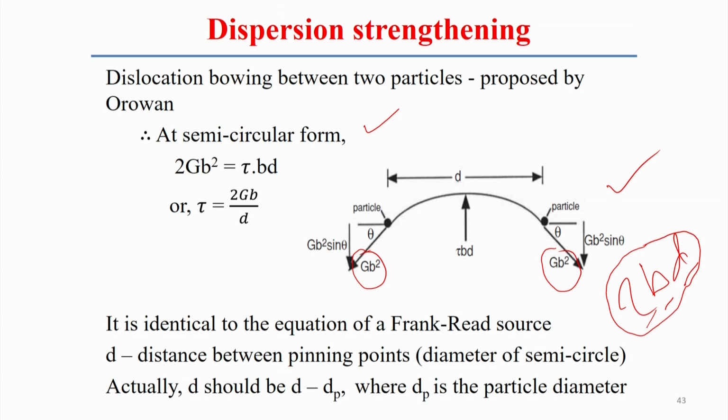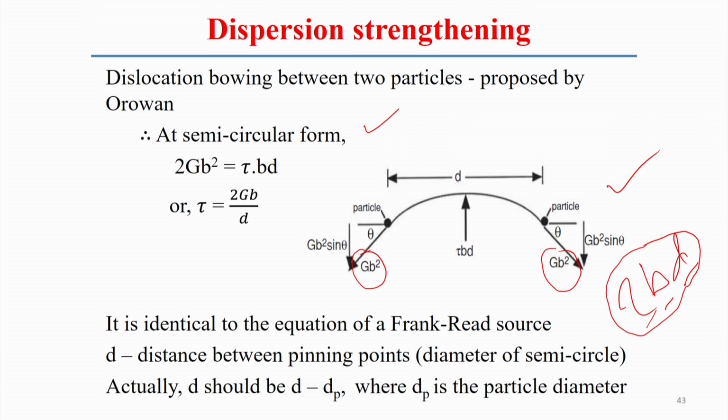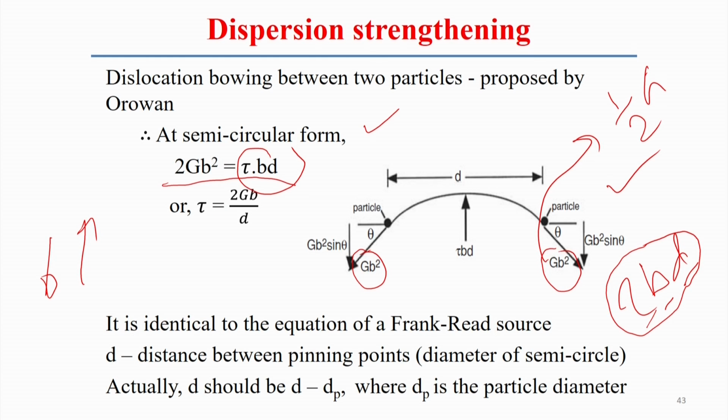Now mathematically, we have seen the amount of dislocation energy per unit length. When it exactly takes the semicircular form, we can balance the force τbD in the vertical direction against the corresponding 2Gb². So τ can be represented as 2Gb/D. Here it may sometimes create some confusion, because instead of Gb², sometimes we use half of Gb².